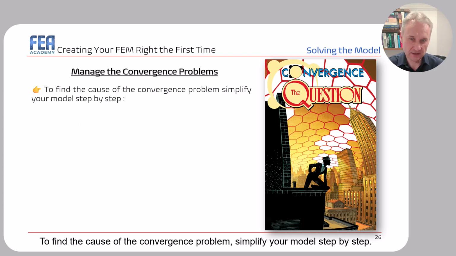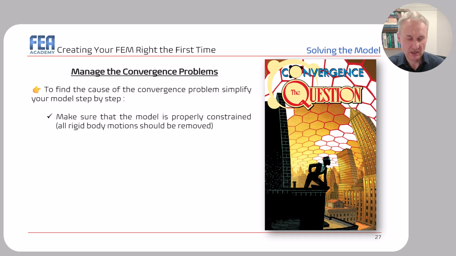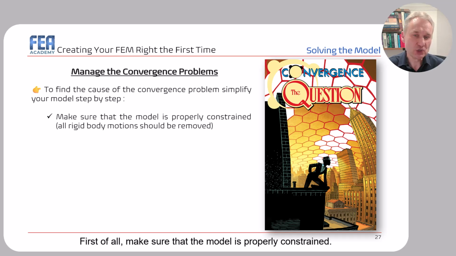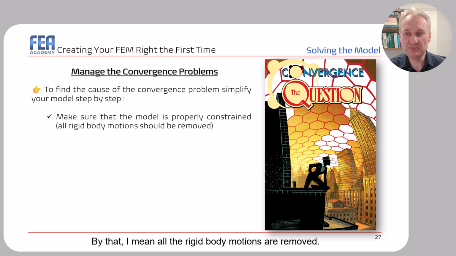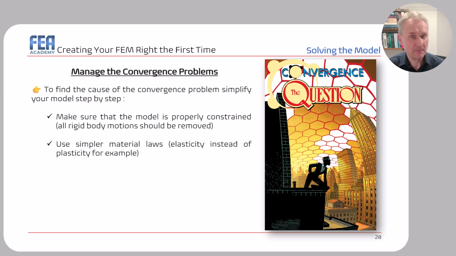To find the cause of the convergence problem, simplify your model step by step. First of all, make sure that the model is properly constrained. By that I mean all the rigid body motions are removed.